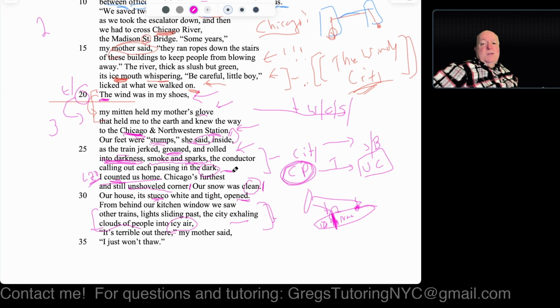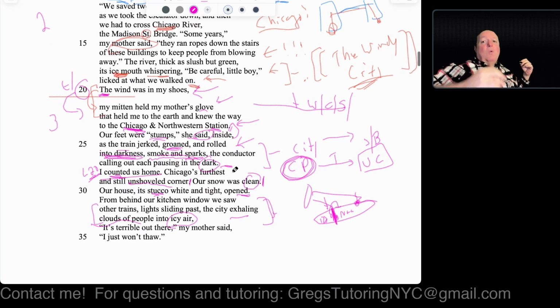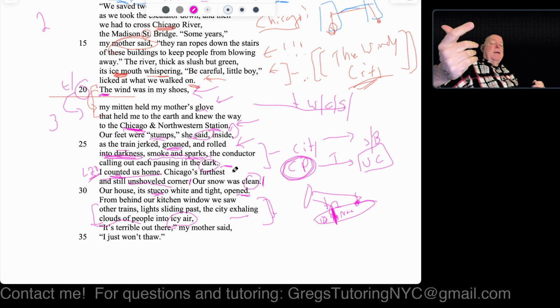Really, the resolution to that is that it was the winter. Okay, so maybe they went to that department store. We don't know, to go shopping. So let's say they left in the morning or at noon. They go to the Marshall's department store. They get what they need to get. It's the winter, so in Chicago, it's probably getting dark at 4 or 5 o'clock at that point, right?